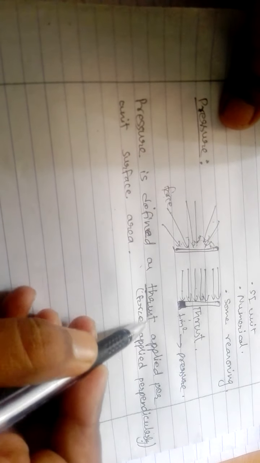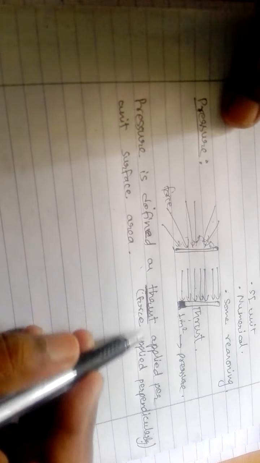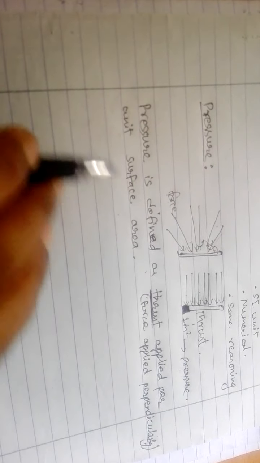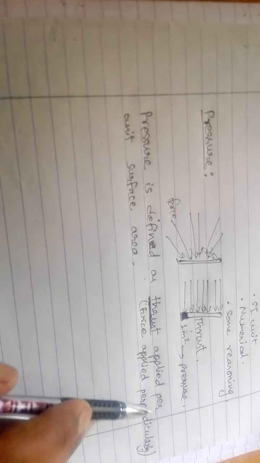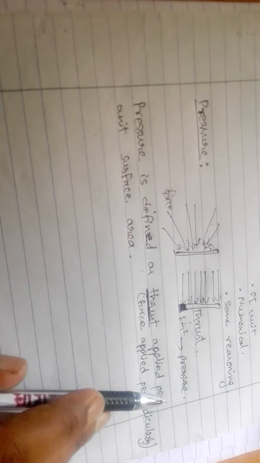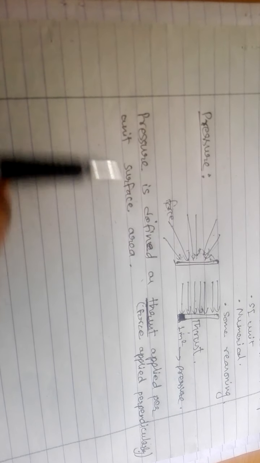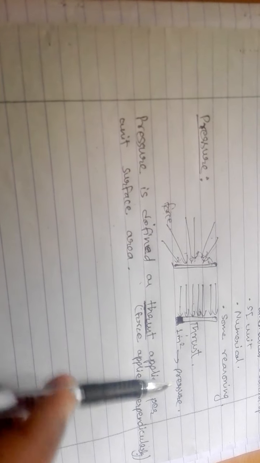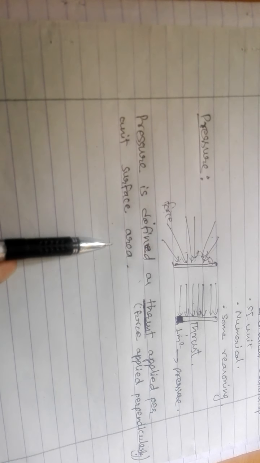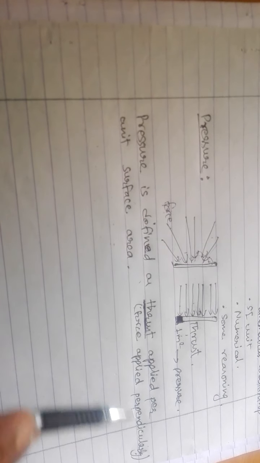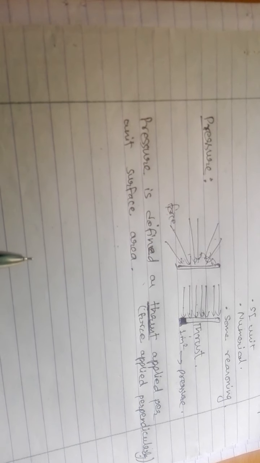If you do not remember the word thrust, you can write that. Pressure is defined as force applied perpendicularly per unit surface area. Either you write pressure is defined as thrust applied per unit surface area, or you write pressure is defined as force applied perpendicularly per unit surface area.